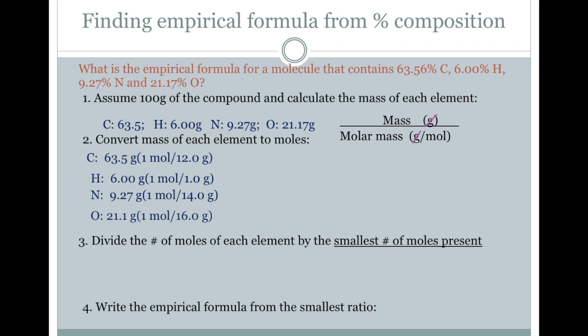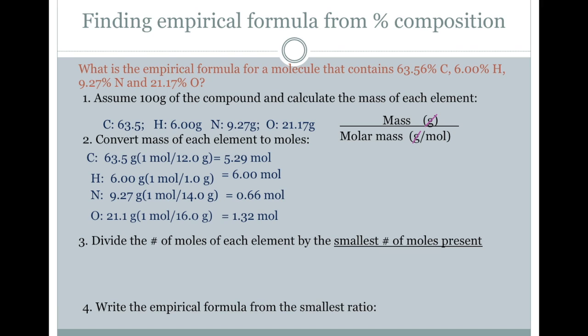So for carbon, we've got 63.5 grams. We're essentially dividing by the molar mass, or multiplying times 1 over the molar mass. So we have 63.5 grams times 1 mole divided by 12 grams, and that's going to be 5.29 moles.